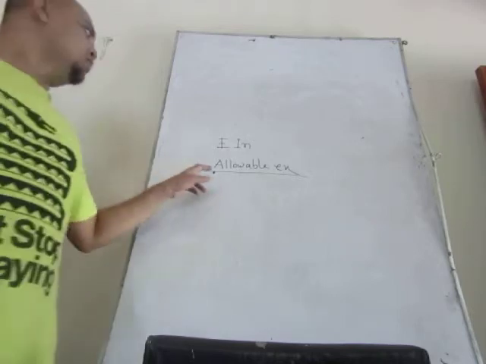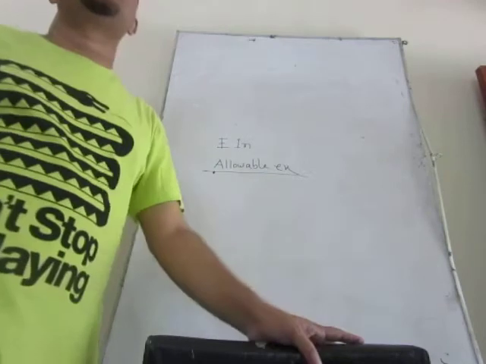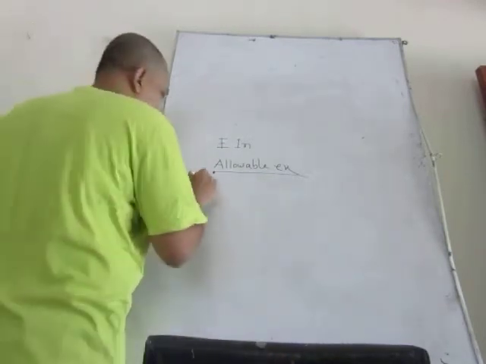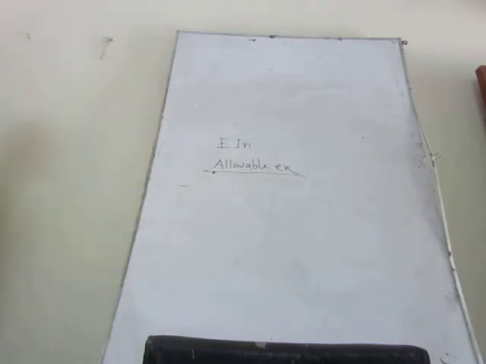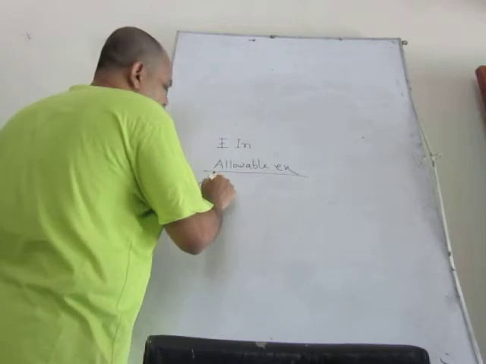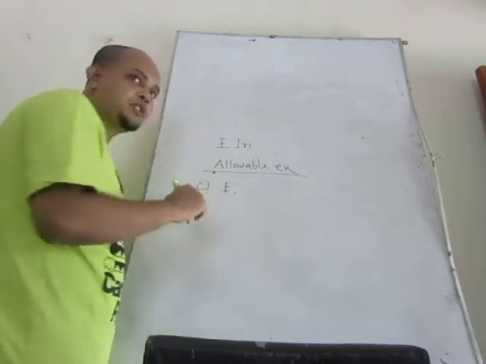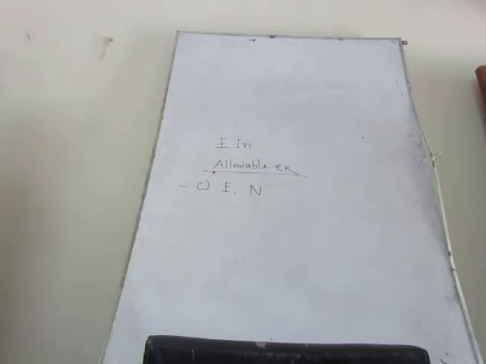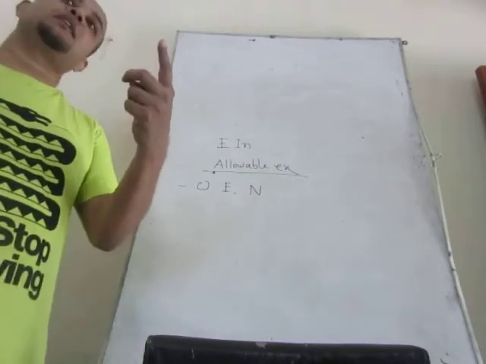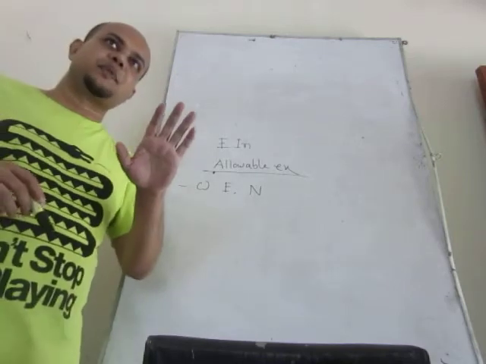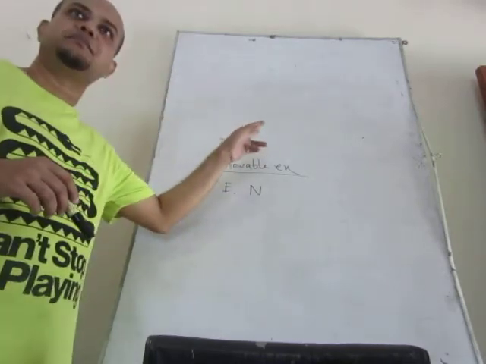So number one, we need to find out what the allowable expenses are. Any expenses which are wholly, exclusively and necessarily related with the performance of the activity can be deducted from the income.